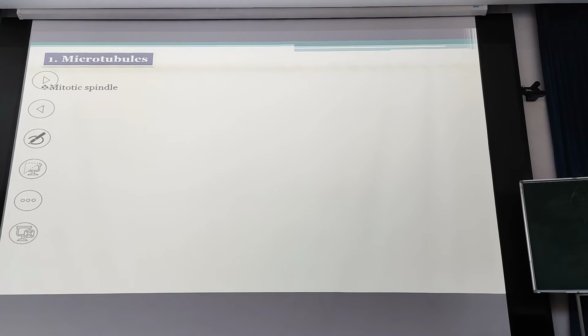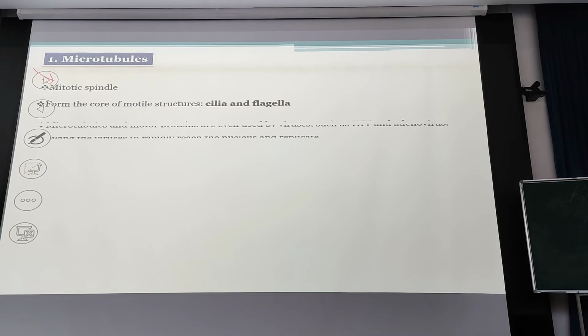The functions of the microtubules: first, they make the mitotic spindle, which is a big part of mitosis. Second, they can form the core structure of cilia and flagella.